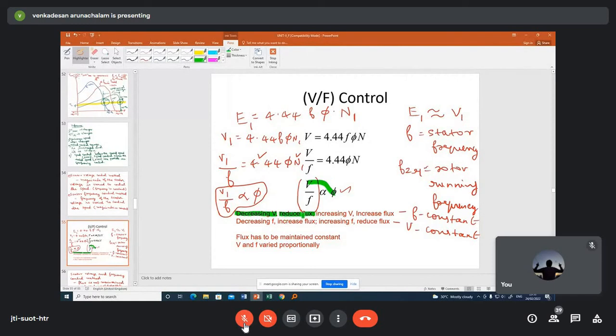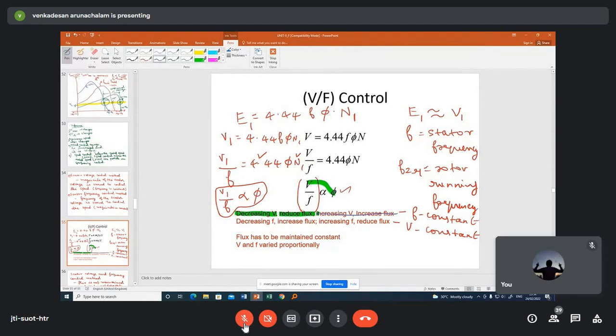If you increase V, this is not possible at all, so no need to worry about increasing V. If you decrease V, flux is decreasing. Increasing V is not practically affordable, so don't worry about the flux increasing; that is not taken care of.